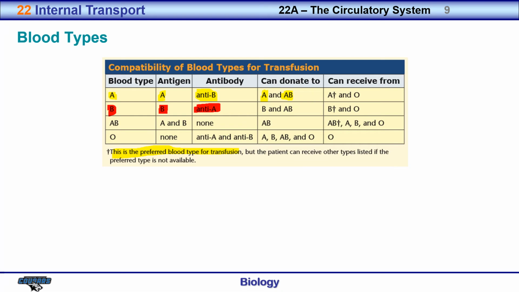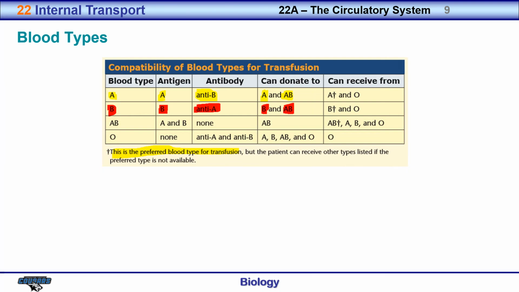Now, who can receive your B blood? Well, obviously, the B person can receive your blood, because everything's the same. And an AB person, remember, has no antibodies, and so you could donate blood to an AB person.